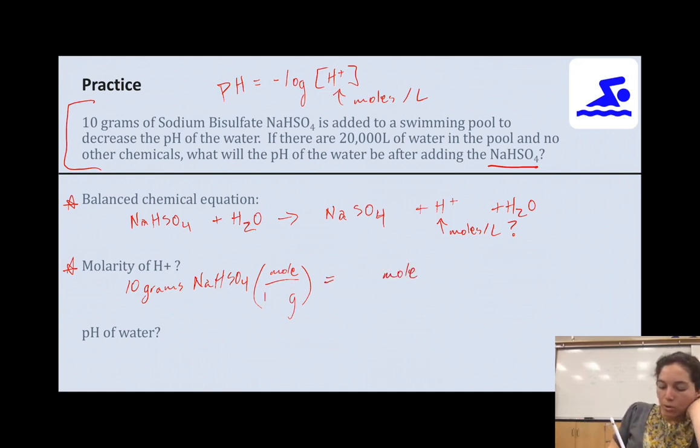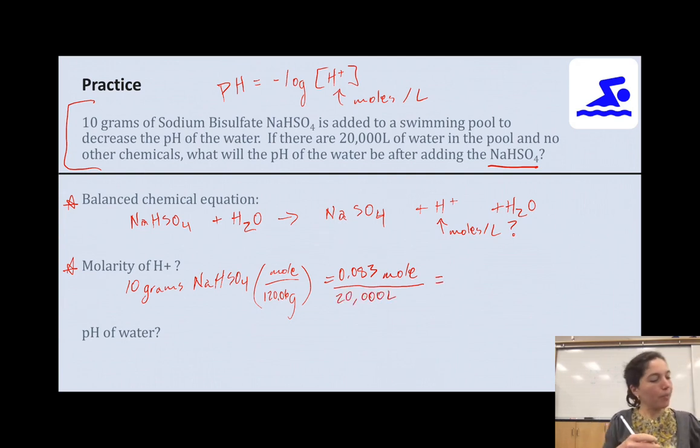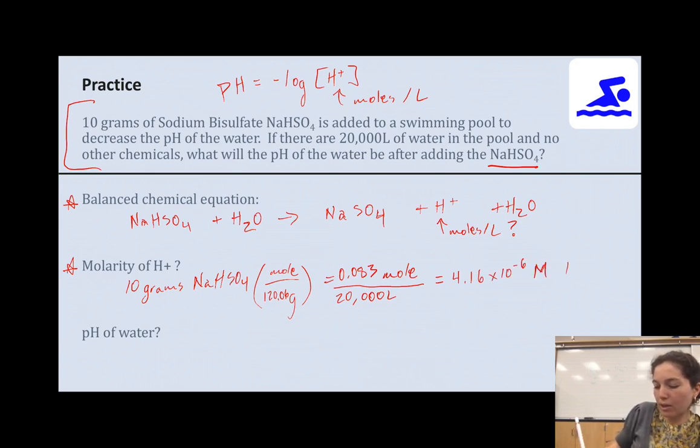The mass is 120.06 grams per mole. It gives us 0.083 moles. Now remember, we want moles per liter, so we need it over our total amount of liters, which is 20,000. That's a lot of liters. Pools are quite big. So you take that value divided by the 20,000, and you end up with 4.16 times 10 to the minus 6 molar of our H+.